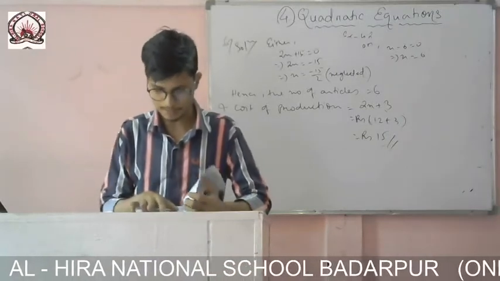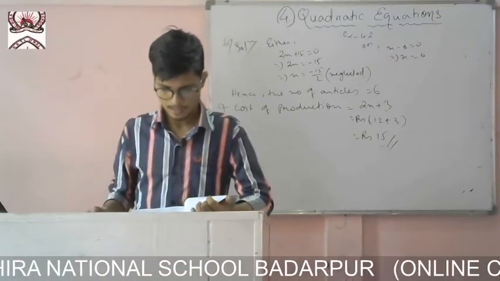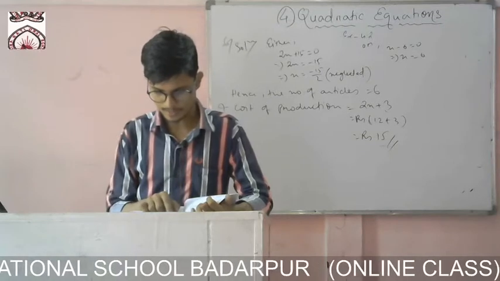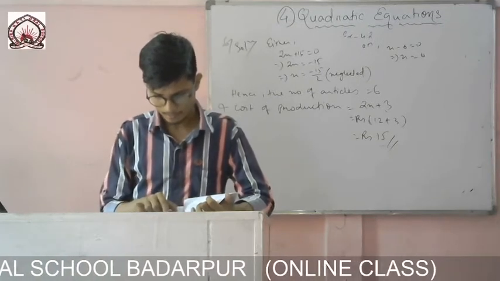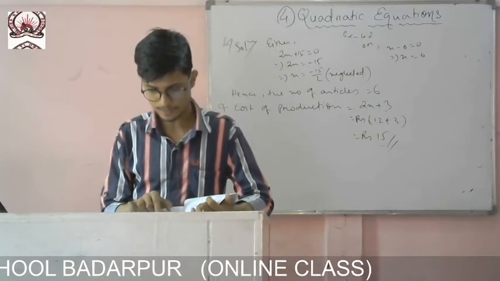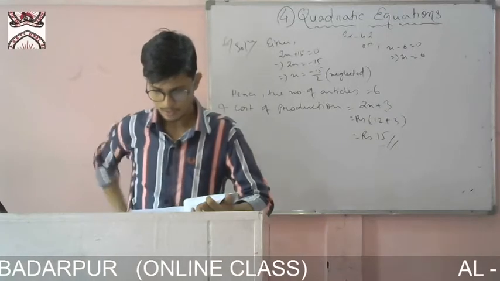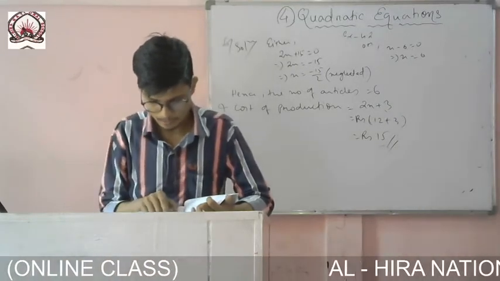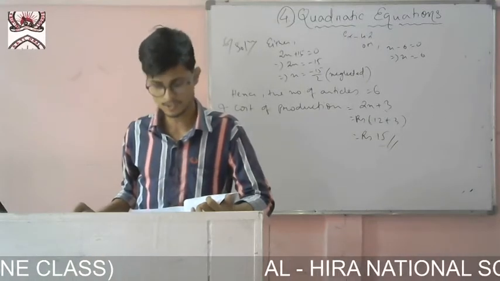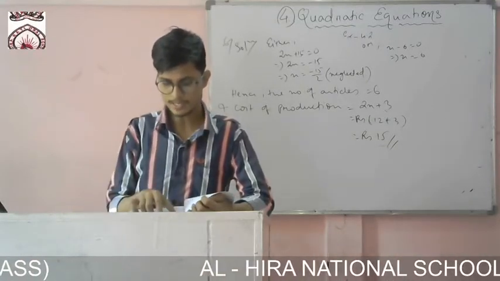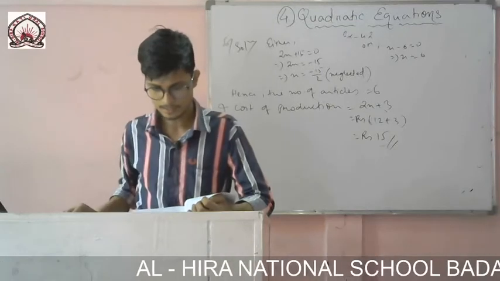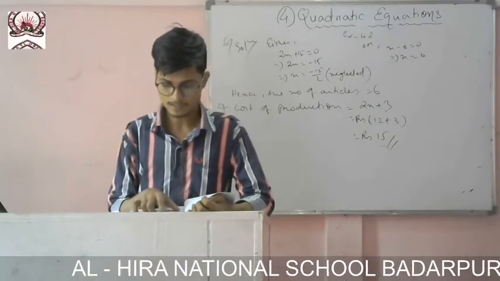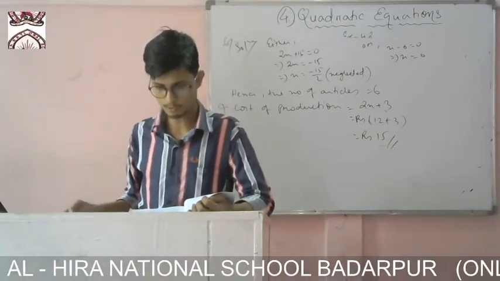After that they made an equation, you see in your book in example 6, like this: twice x square minus 24x minus 25x minus 300 equals 0. After solving, they split 600 into 24 into 25.